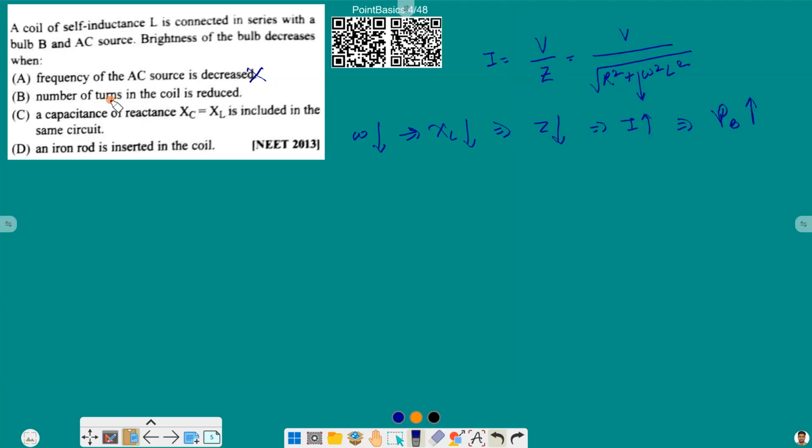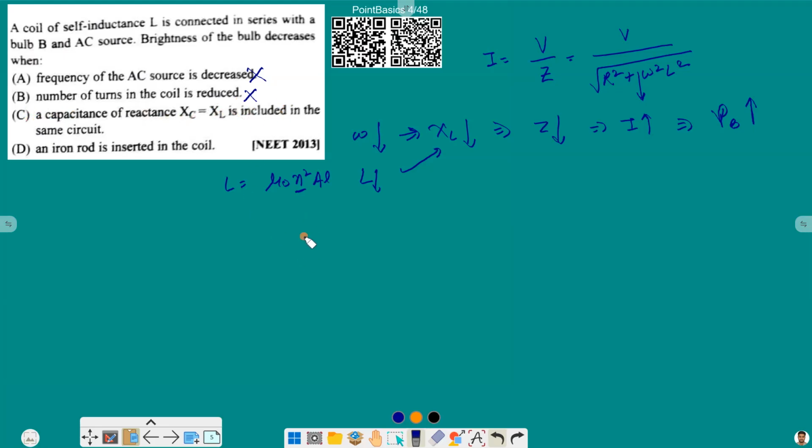Now the number of turns in the coil is reduced. We know that the self inductance of a coil is again mu naught n square A L. So if n is reduced, L is reduced, and again XL will be reduced, Z will be reduced, I will increase, and power will increase. So B is also cancelled out. In the third option, XL is equal to XC, a capacitor included.